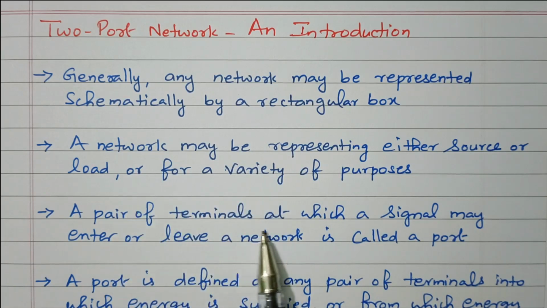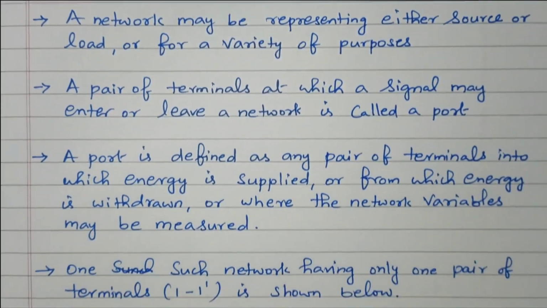A pair of terminals at which a signal may enter or leave a network is called a port. So the port is nothing but the pair of terminals at which the signal may enter or leave.